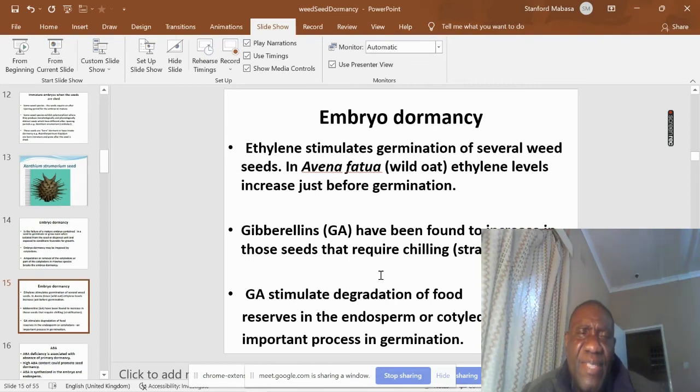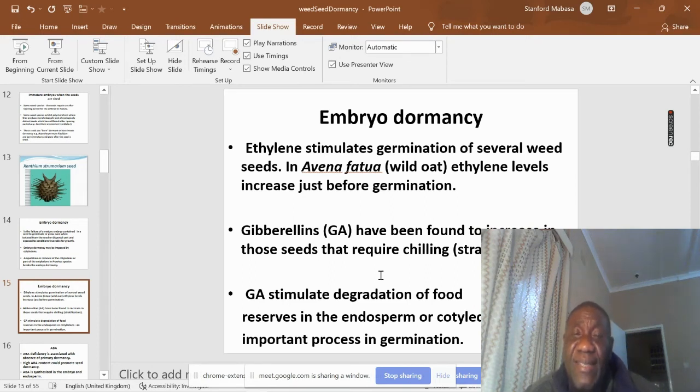The other substances are hormones. Gibberellins, GA, have been found to increase in those seeds that require chilling or stratification. Previously, I was talking about stratification under natural conditions. It simply means subjecting weed seeds to low temperatures so that the seeds may start producing gibberellins.